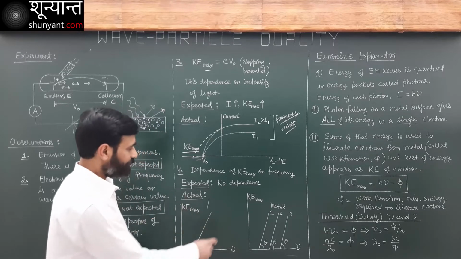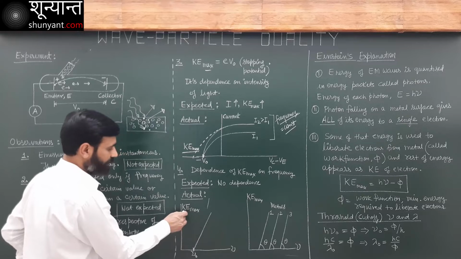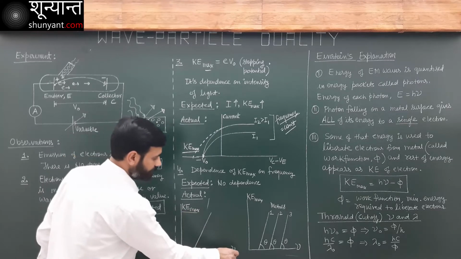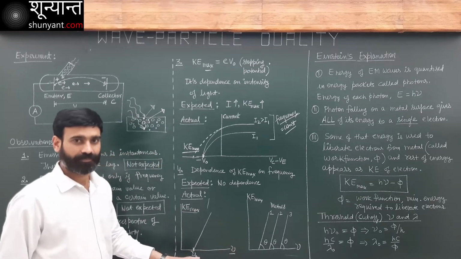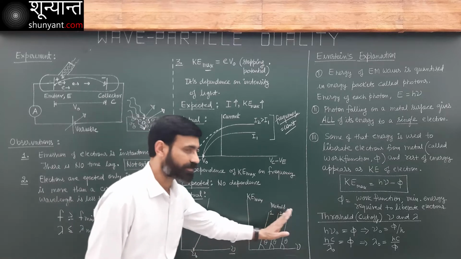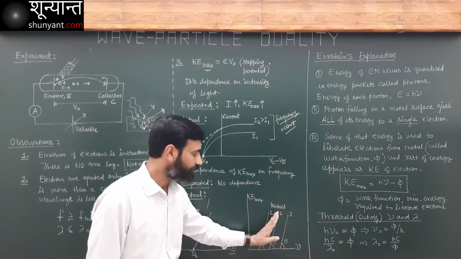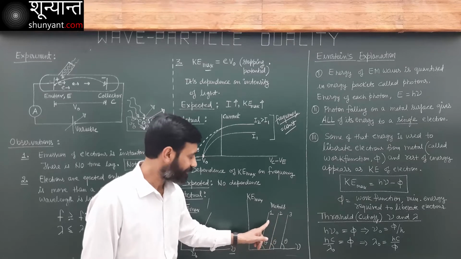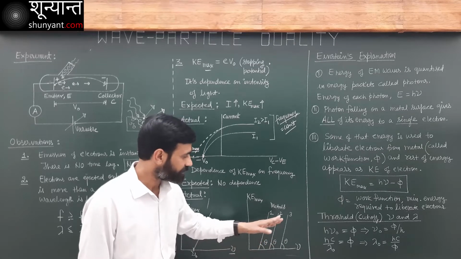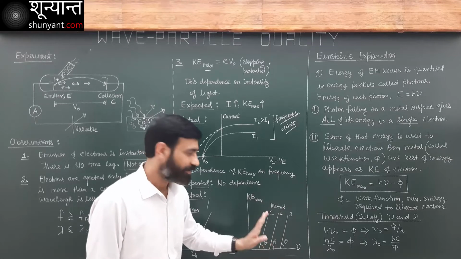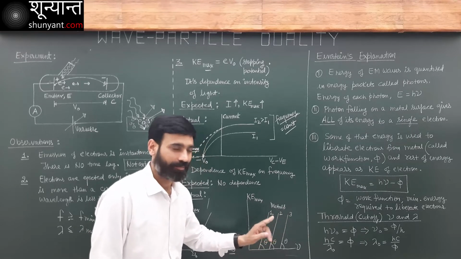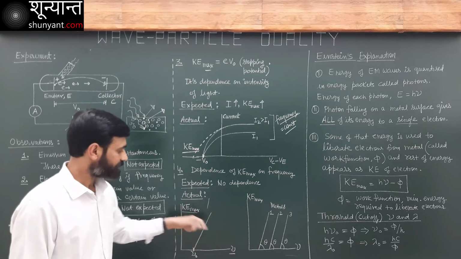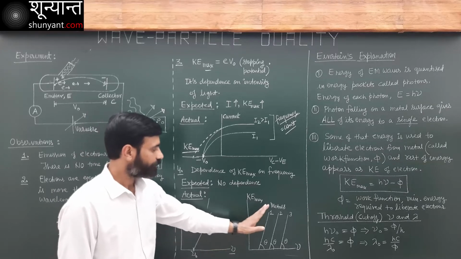if I plot this graph, kinetic energy maximum versus frequency, for different metals, the graph turned out to be parallel. These are different metals. This is, let's say, zinc. This is copper. This is aluminum. They are different metals, but this graph, kinetic energy versus frequency, was found to be parallel.